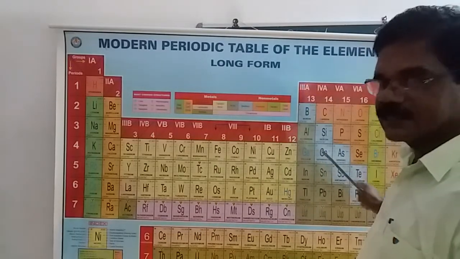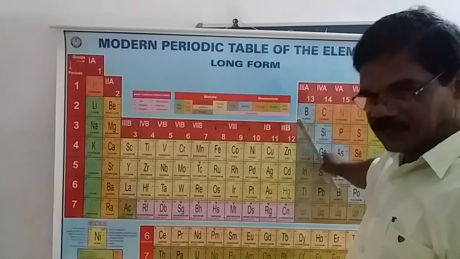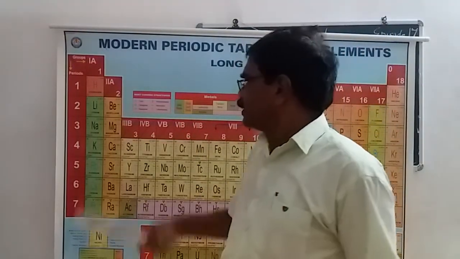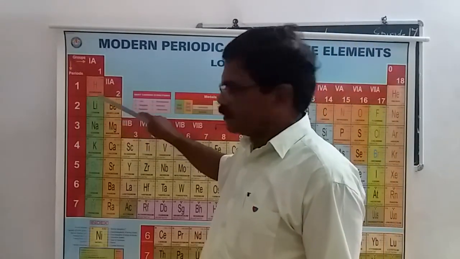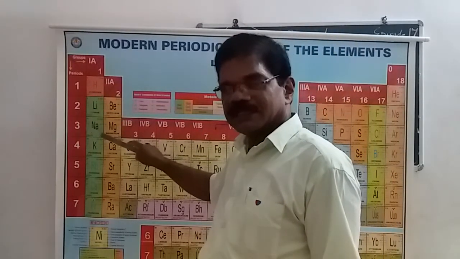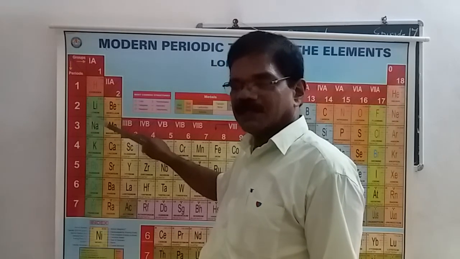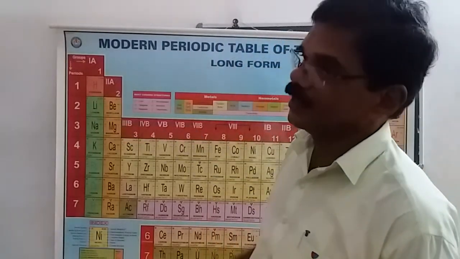This zigzag step is where the metalloids occur. Then come to the different properties: electropositive nature, electronegative nature, size of the atom, valency, and electrons, and how these vary among periods and groups.